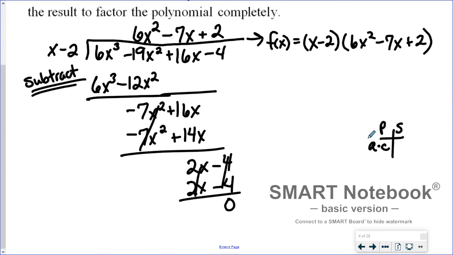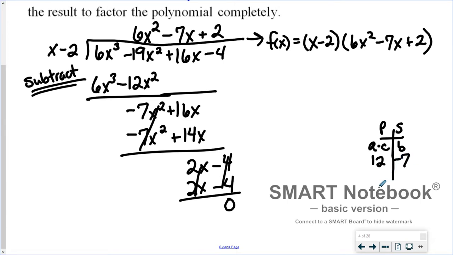6 times 2 here is 12. Underneath my S column, I put B. Again, you don't need to write it. It's just there for explanation purposes. My B in this quadratic is negative 7. So I put negative 7 here.